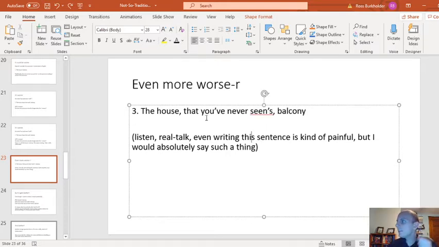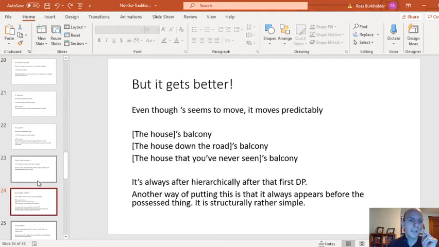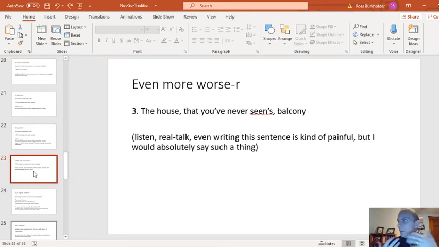The house that you've never seen's balcony. Which house's balcony? The house that you've never seen's balcony. And once again, we find that this is still the possessor, the house here, despite the moving apostrophe S. That's a weird aspect of apostrophe S.